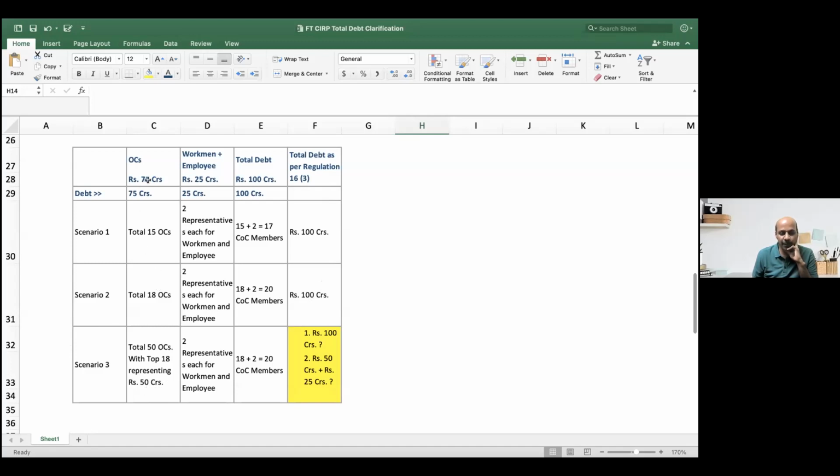So the total debt for operational creditors is 75 crores, but top 18 are representing 50 crores, which means the balance 32 operational creditors are having a debt of approximately another 25 crores. Workman employee, same status quo, which means if you look at the COC members, it will remain 20 because 18 plus 2. But the question here is what would be the total debt to decide the voting rights? Would it be 100 or would it be 75?